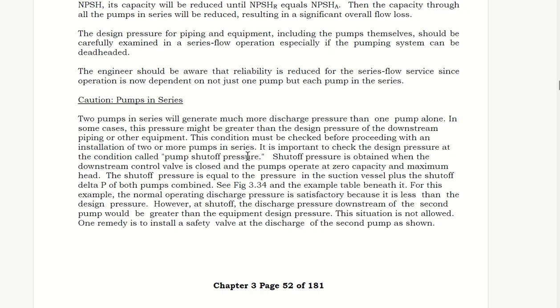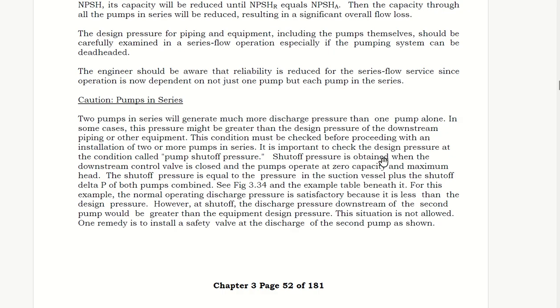That's very correct. It's important to check the design pressure at the condition called pump shutoff pressure, which we already do, because all process engineers should design to see that shutoff pressure doesn't exceed what we call the pipe rating pressure.